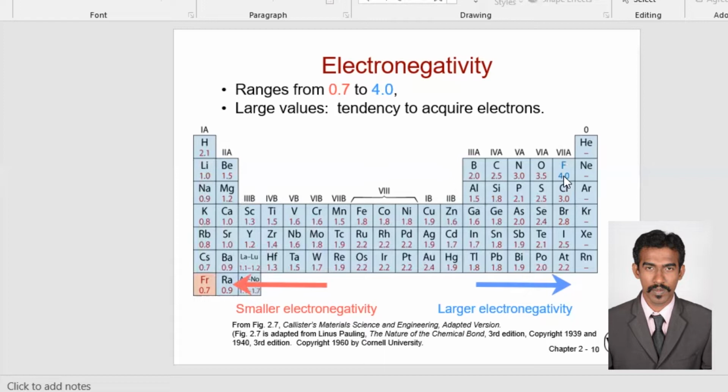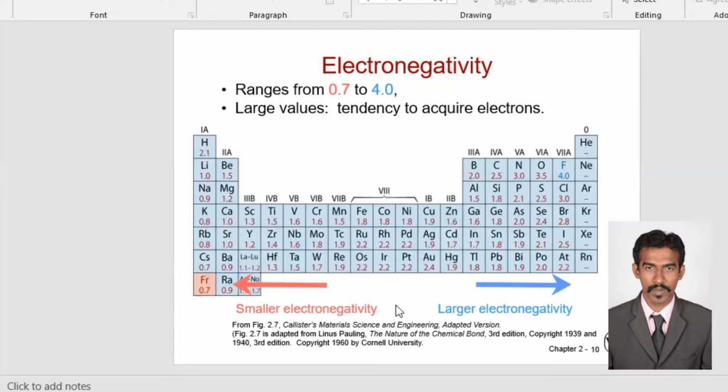So if you make a general observation on this table, the electronegativity values have a general tendency to increase from left to right in the table. There you see 1.0, 1.5, 2.0, 2.5, 3, 3.5, 4, right?